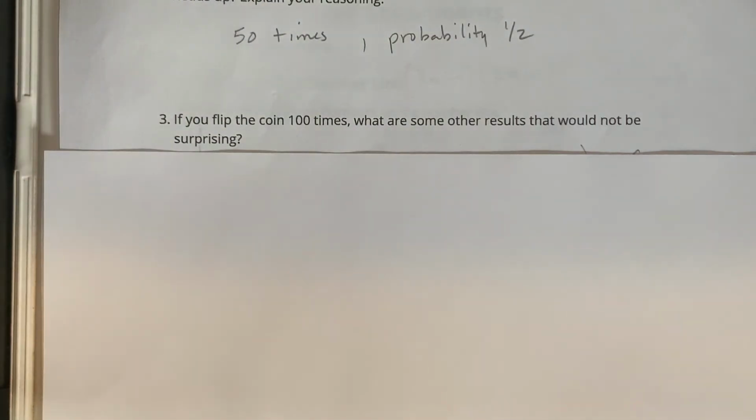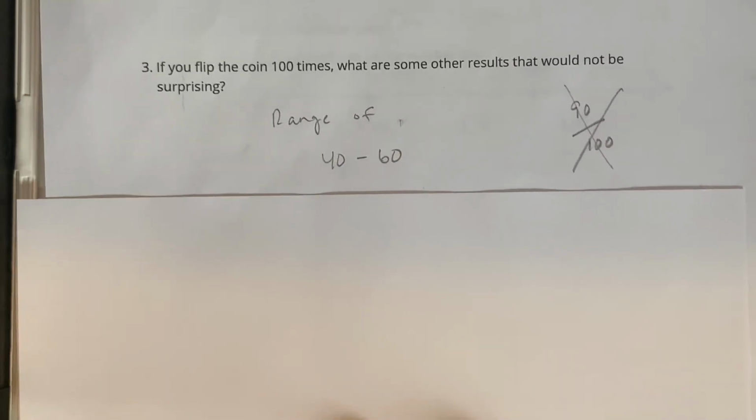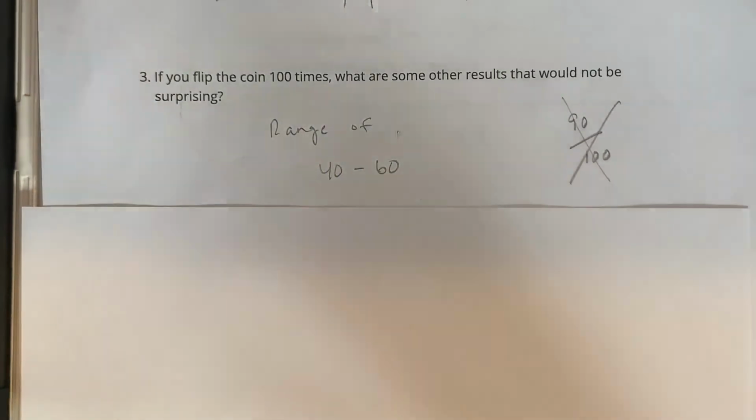We know it might not be exactly 50-50, so maybe 40 to 60? If we get 40 to 60 heads out of 100, we would probably think that's pretty fair. That's probably pretty legit. If we get a head 90 out of 100, again, that's when we know that something is probably going on in this situation that we need to take a look at.